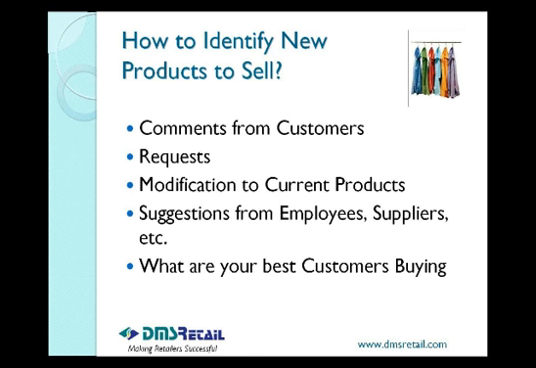So you can look at your successful product lines and see if you can add more of the same with slightly different specifications into the mix. And obviously, your employees and your suppliers are a very good source of information, and you get information from them on a daily basis, so you can take that into account.